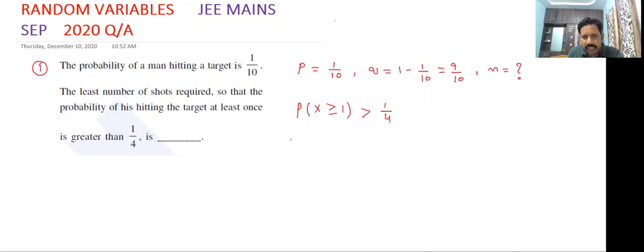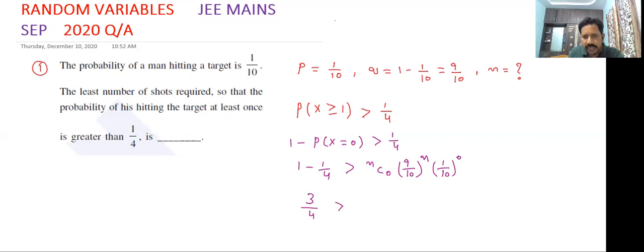P of x greater than or equal to 1 means we can write 1 minus P of x is equal to 0, greater than 1 by 4. 1 minus 1 by 4 is greater than P of x is equal to 0, means nC0 into 9 by 10 whole power n into 1 by 10 whole power 0. 1 minus 1 by 4 means 3 by 4 is greater than 9 by 10 whole power n.